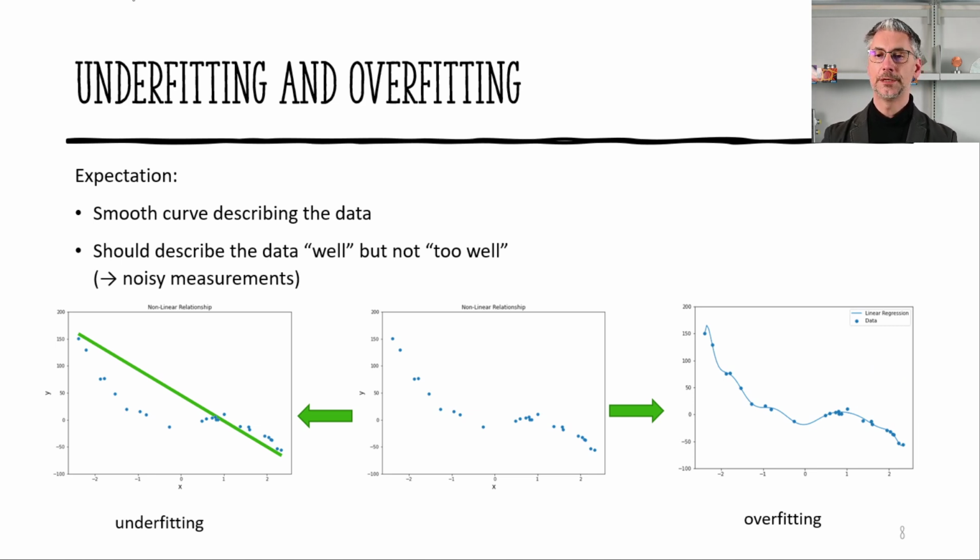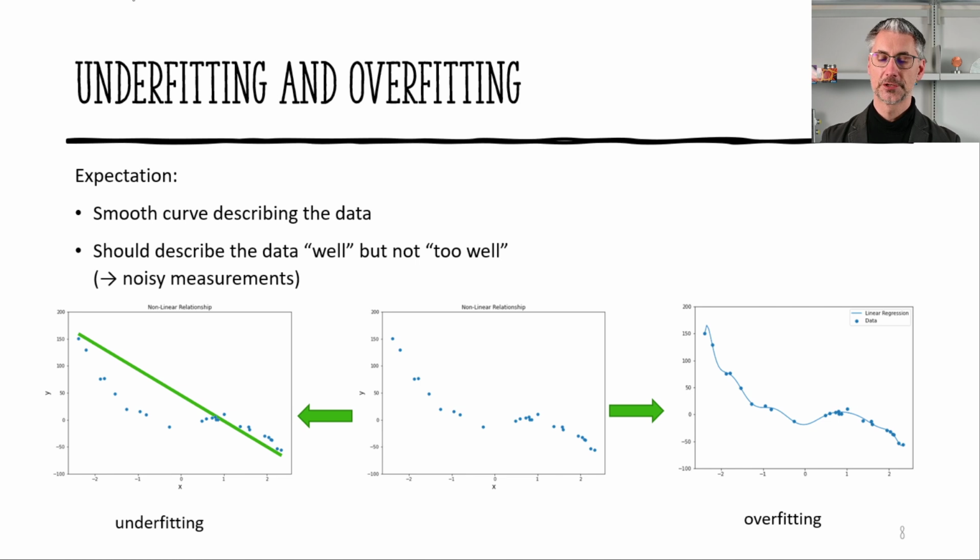To estimate this, we need to understand what we mean by underfitting and overfitting. The expectation is, at least in general, that there's a smooth curve that describes our data, and the fit result should describe the data well enough but not too well. So what do we mean by this? On the left we see an underfitted result.